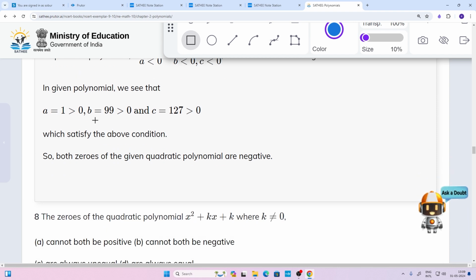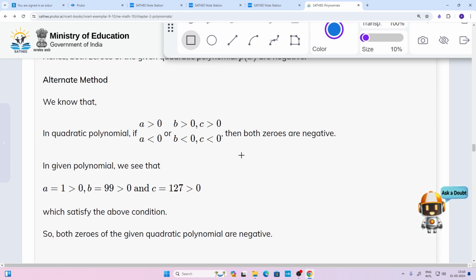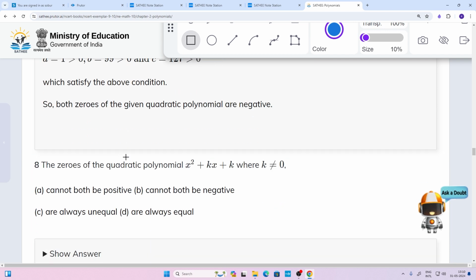In the given polynomial, a is equal to 1, which is positive, b is equal to 99, which is positive, and c is equal to 127, which is also positive, so it satisfies the above condition. So both zeros of the given quadratic polynomial are negative.